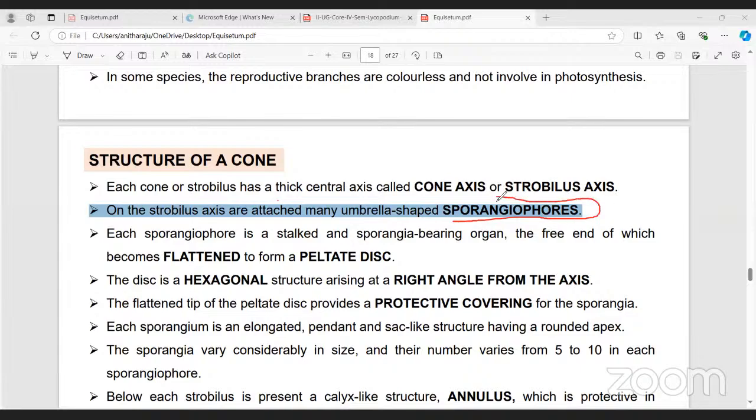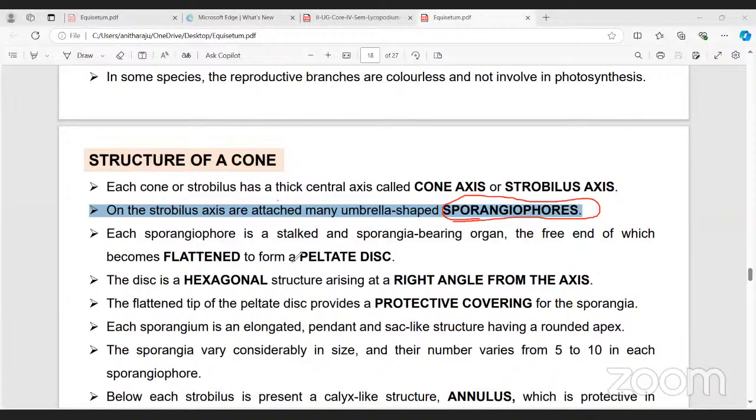Actually, in Lycopodium, what is present? Sporophyll. When discussing the sporophyll structure, did you find a clear leaf in Equisetum? No, sir. That is why there is no sporophyll. Instead, only sporangiophores with sporangia are present. That is called a sporangiophore.